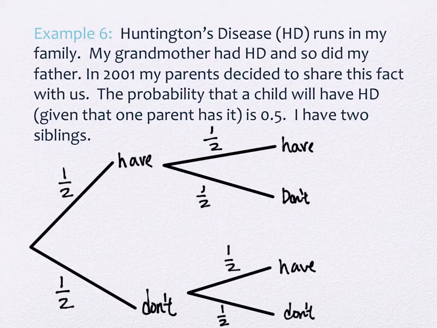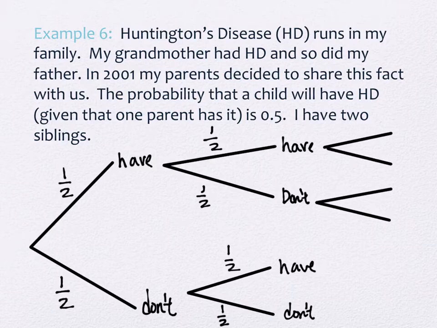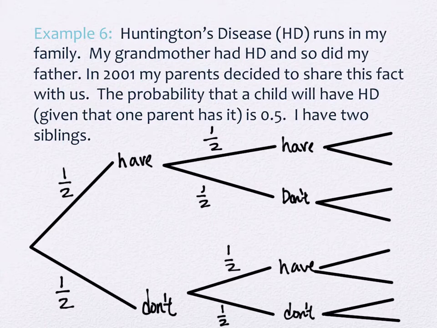And then my brother is the next. He's the youngest. So these last set of branches are him. I'll abbreviate with H's and D's at this point, which interestingly enough is my abbreviation for Huntington's disease above, but he either has it or he doesn't. And each probability is another 1/2.